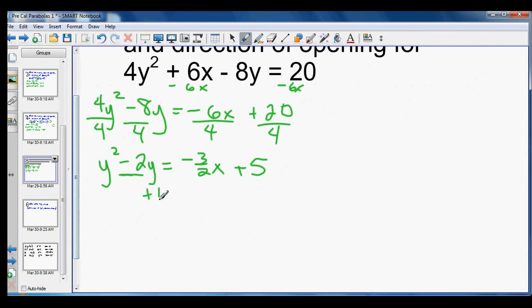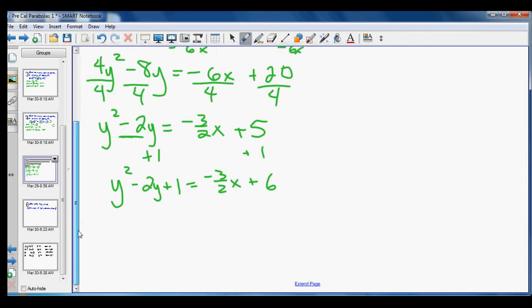It will factor to be y minus 1 times y minus 1, or y minus 1 squared. And over here, I need to factor out whatever coefficient is in front of x, which in this case is -3/2. So I factor out the -3/2, leaves me with x, and then 6 divided by -3/2 is -4.